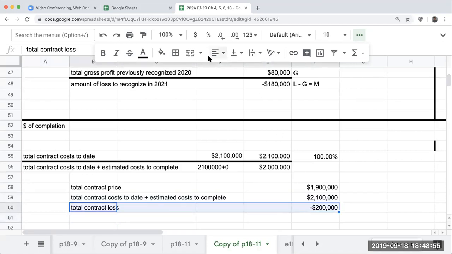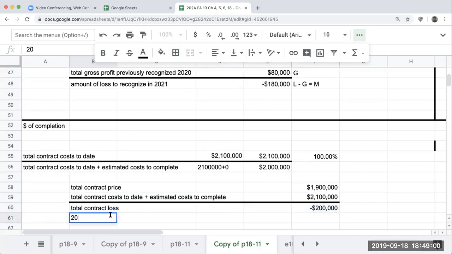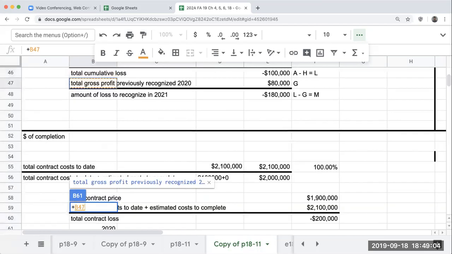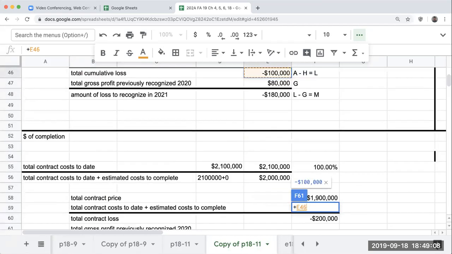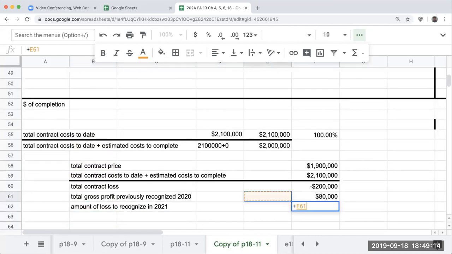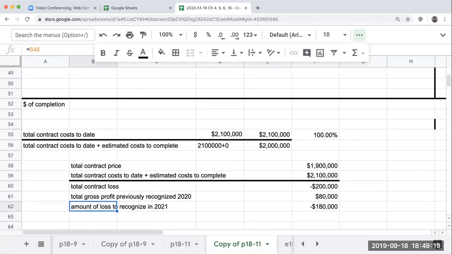So now what I'm going to do is say, okay, here's my contract loss. What did I do previously? Well, in 2020, I had gross profit recognized of 80,000. Then I had my loss recognized in 2021 of 180,000.